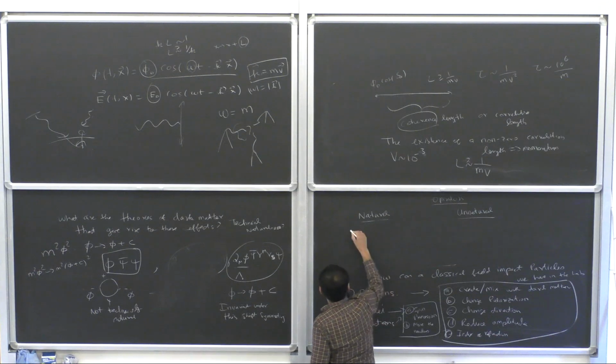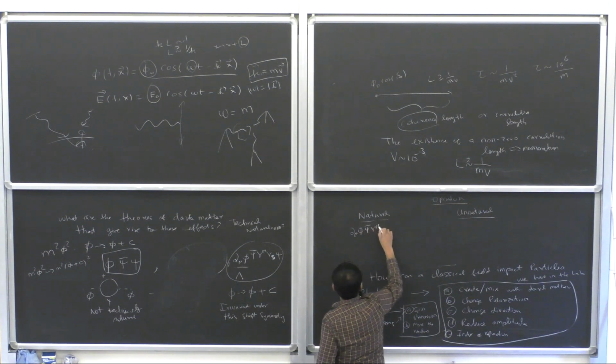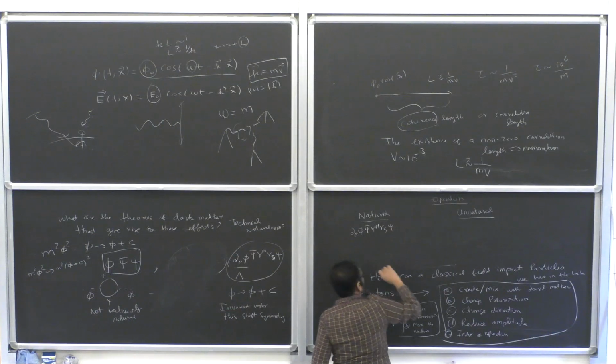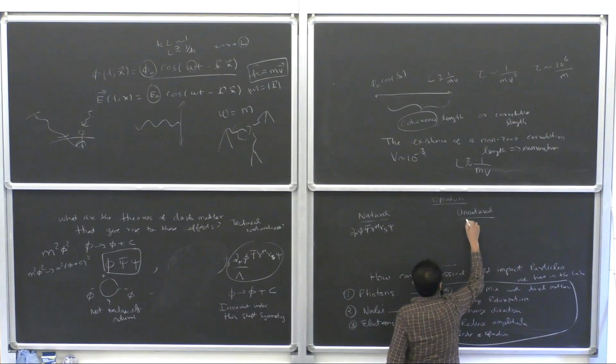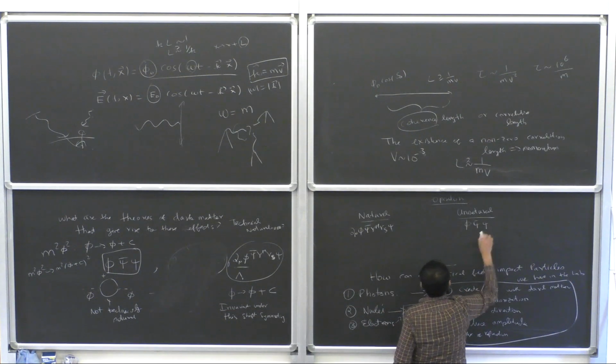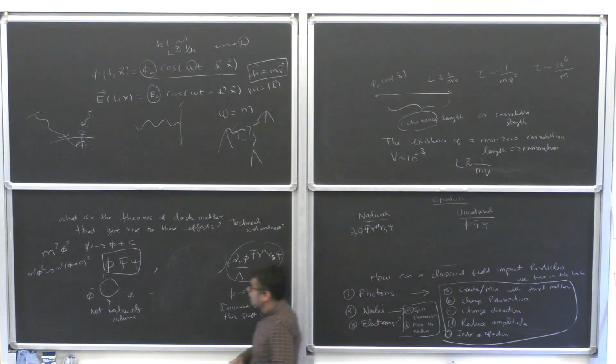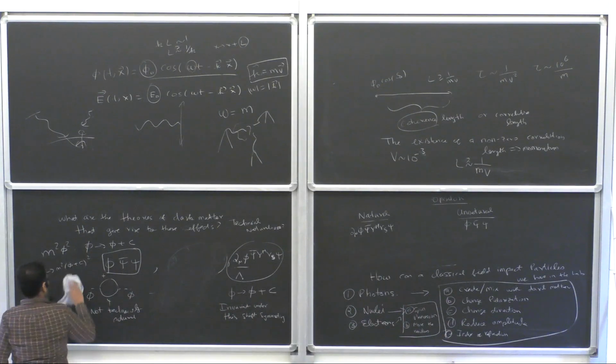The natural line here will be d mu phi psi bar gamma mu gamma phi psi. And the unnatural term is phi psi bar psi.